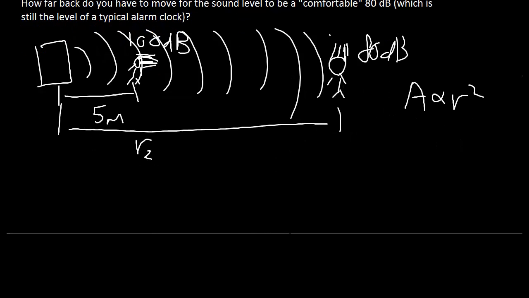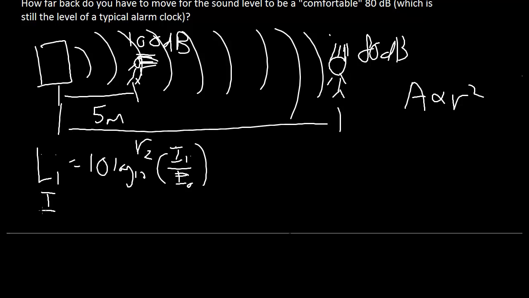I could, of course, based on the first situation, work out my given loudness 1 is 10 log base 10 of intensity 1 over the original intensity, and then I get the intensity, and then using the intensity I can get the original power, and then I can use the same thing as always. But I just want to demonstrate a slightly different thing.